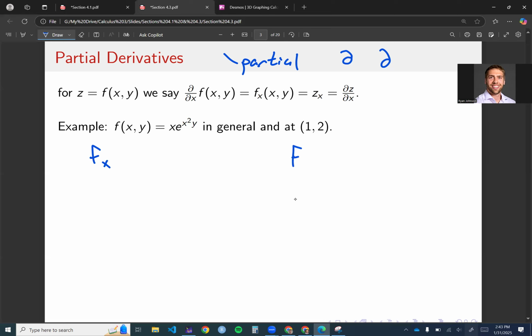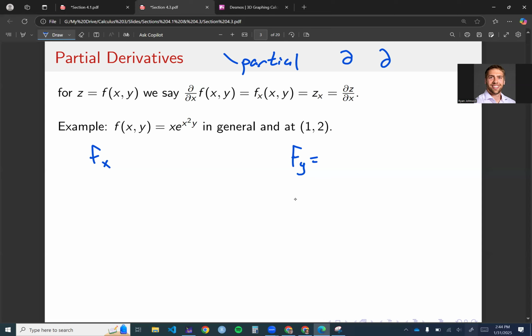So basically, I'm going to do f_y. If you're doing f_y, you treat x like it's a constant, and you only take the derivative with respect to y. So if I think of all x's as constants, then I've got a scalar constant times e to the power of a scalar times y.